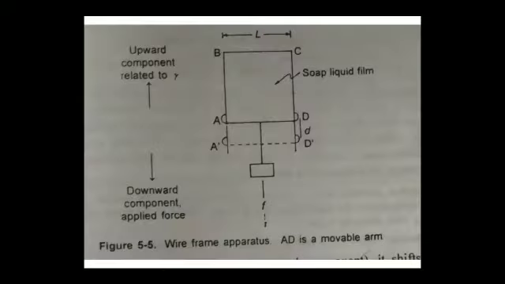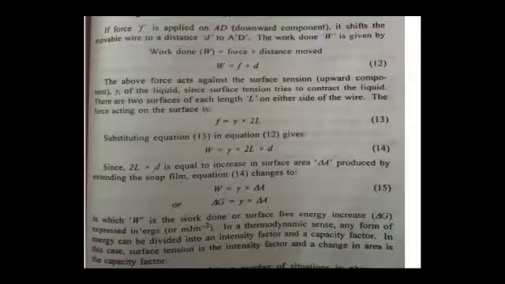The derivation can be explained in detail. If the force is applied on AD, it means downward movement. It shifts the movable wire through a distance D. By the application of stress, the movable bar AD moves down a distance D.